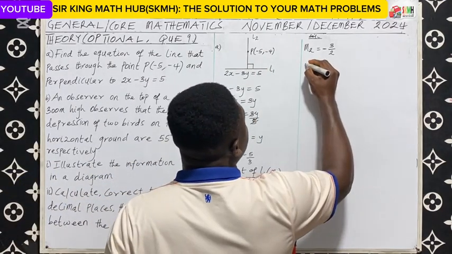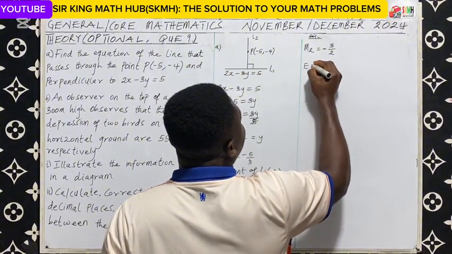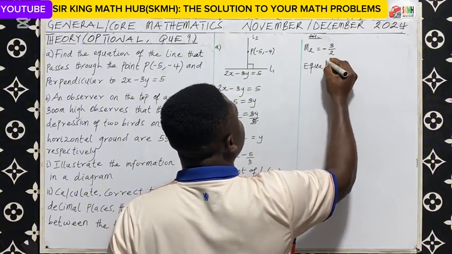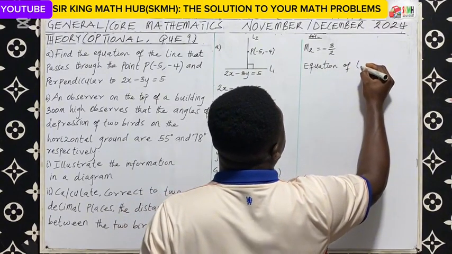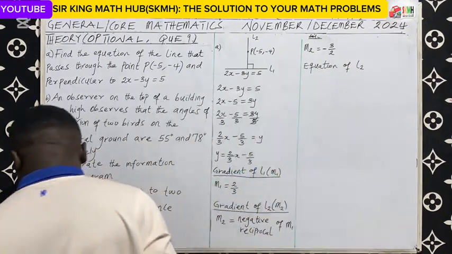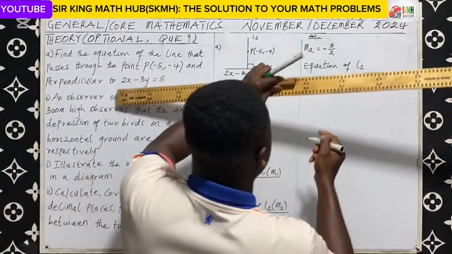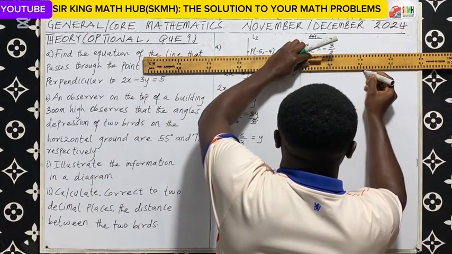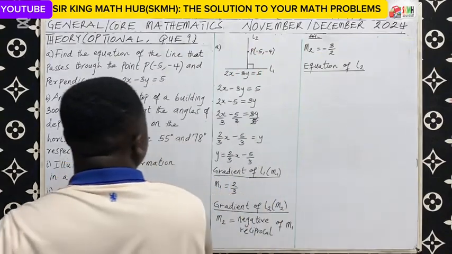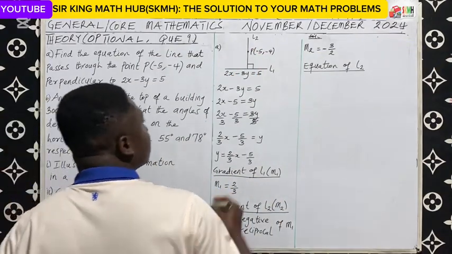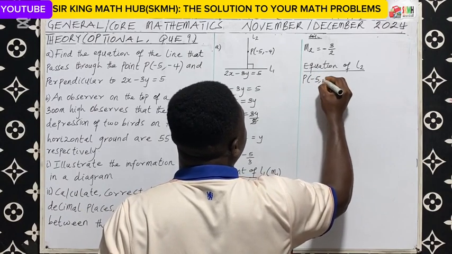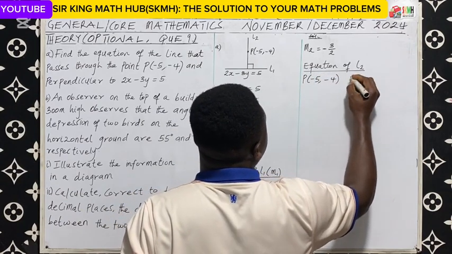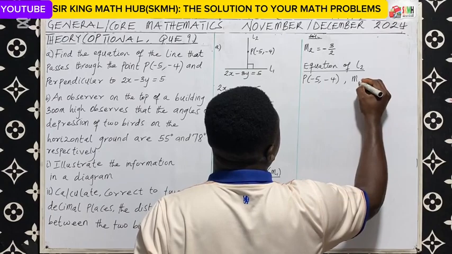So now we can find the equation of line 2. You should be able to find the equation of line 2 using a point on line 2. The point is -5, -4, and then the gradient.